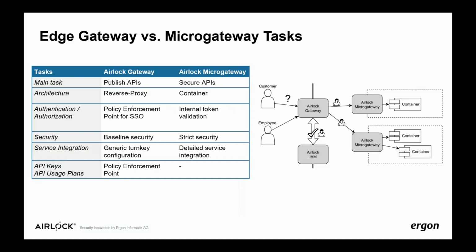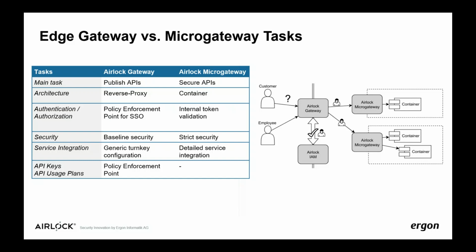They will develop against those containers, create the according rule set, and then give it to the public infrastructure with their service. Okay, this is why the strict security can be done on the Airlock Microgateway, while the Airlock Gateway in front of it should have a baseline security.